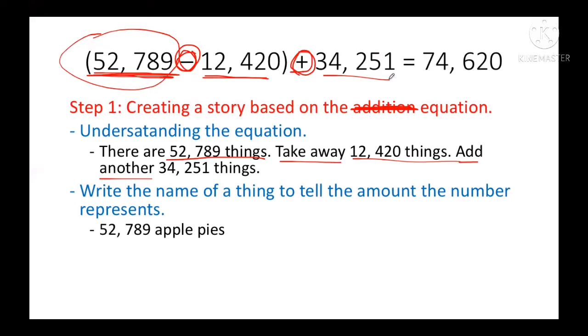So I put here 52,789 apple pies, 12,240 apple pies, 34,251 apple pies. Okay? Apple pie is my word now. So that is our step one.